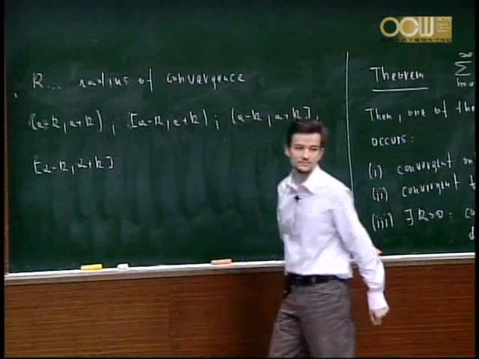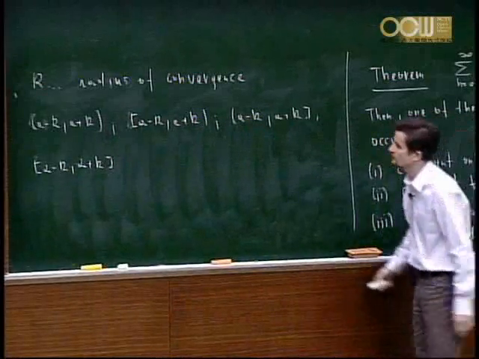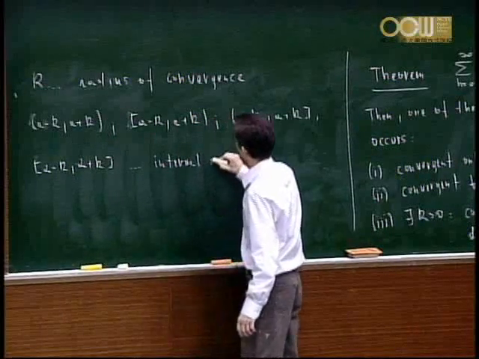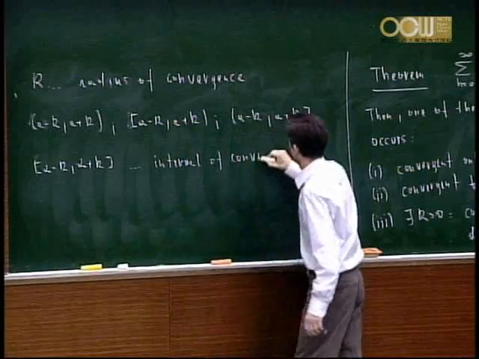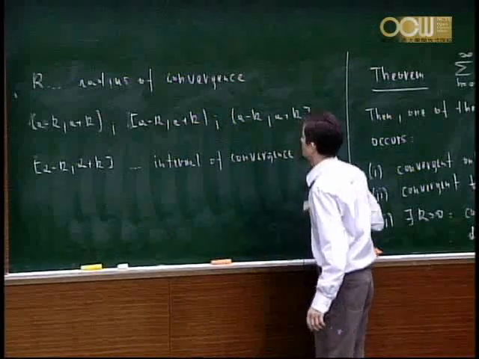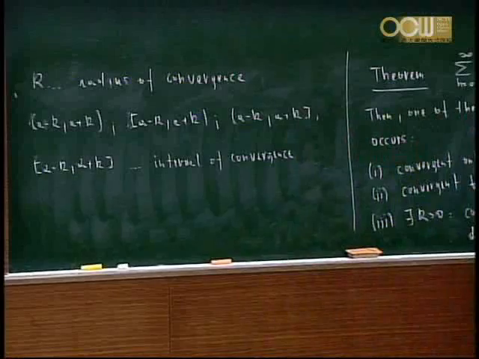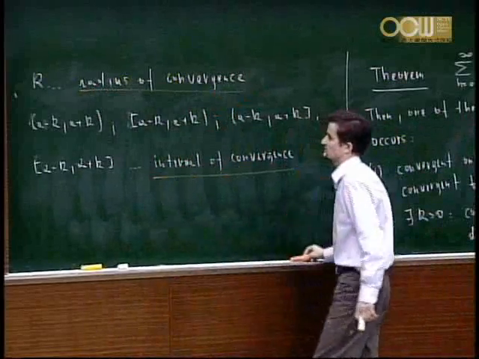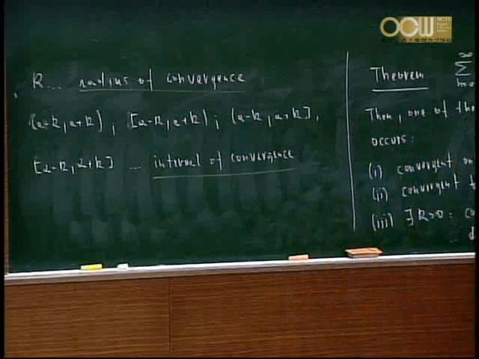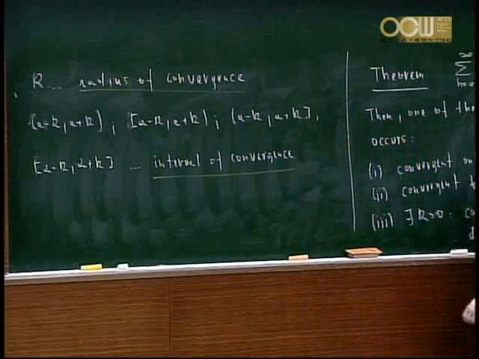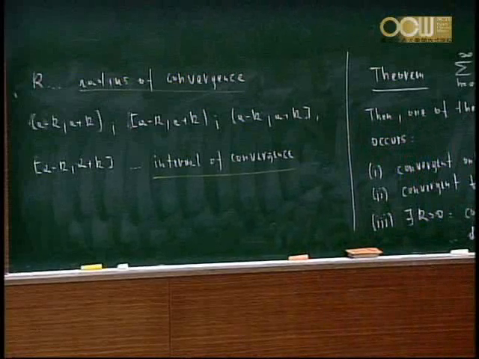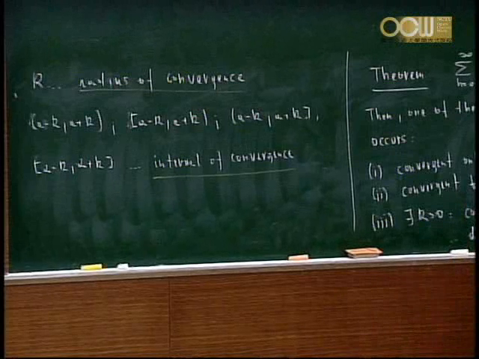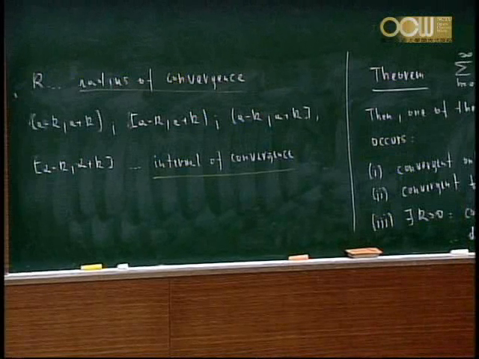This depends on the situation, because you have to check the boundary points. It's called the interval of convergence. In the first two situations, we say the radius of convergence is 0, and in the second it is infinity.